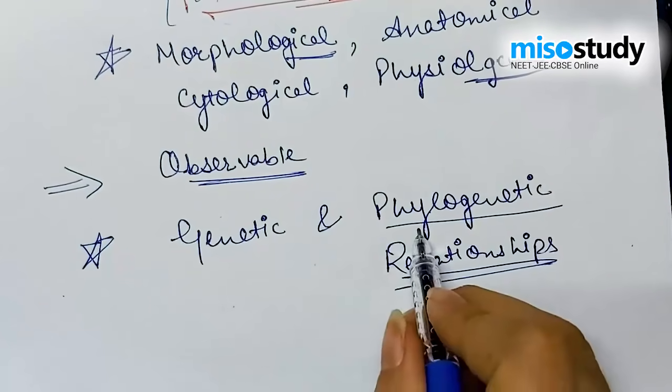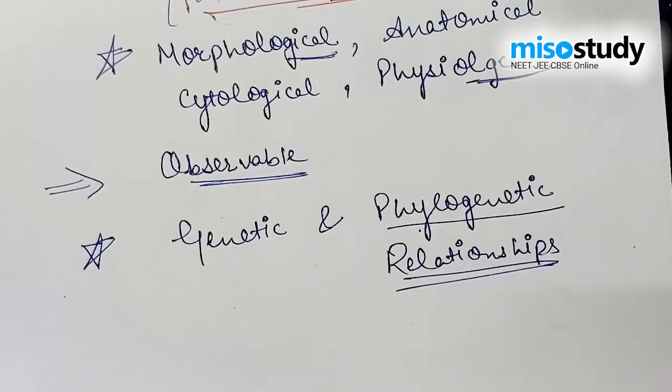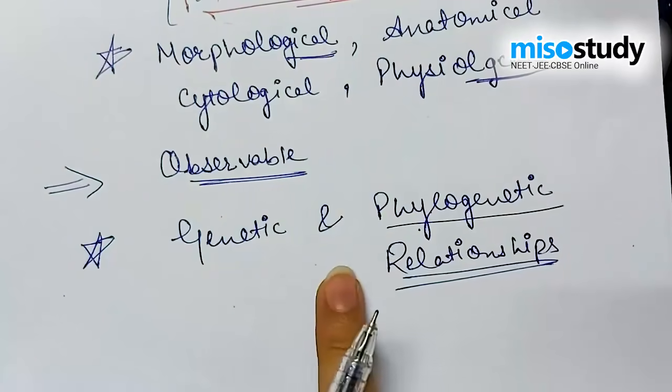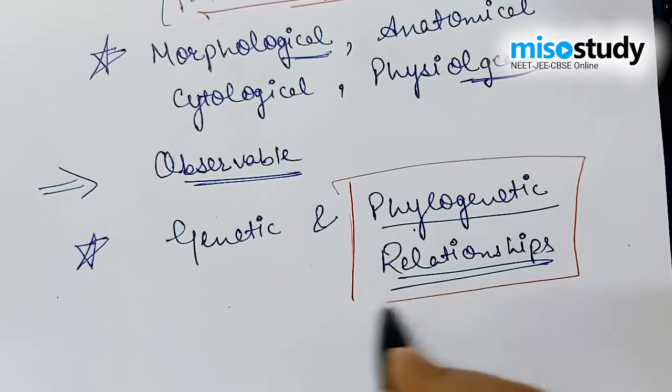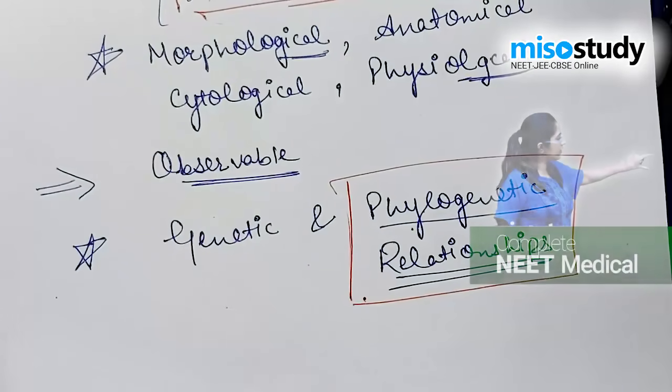The phylogenetic relationship shows the relationship between the organism and their ancestors.